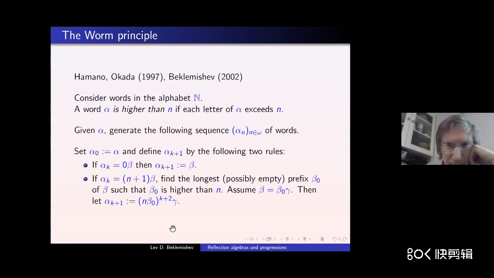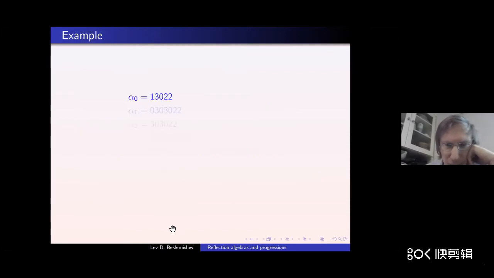And then an example that I would like to demonstrate is this one. Suppose we start with the word alpha 0, which is this one. Then what will be the next stage? Here the head is this letter 1.